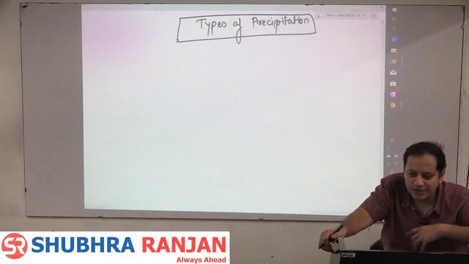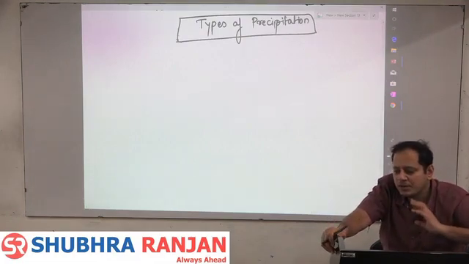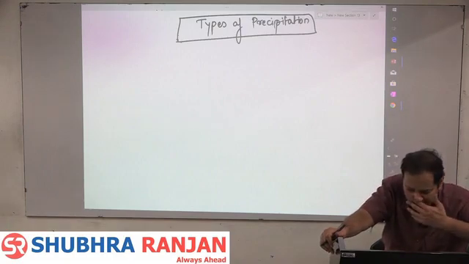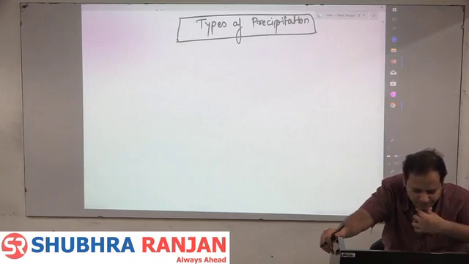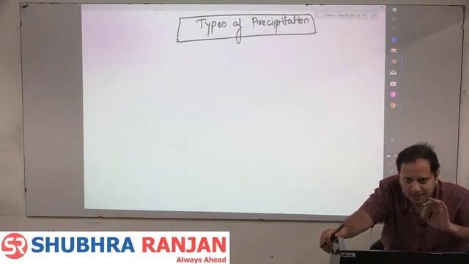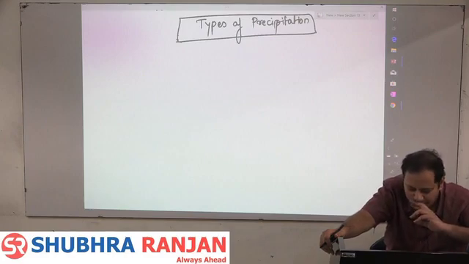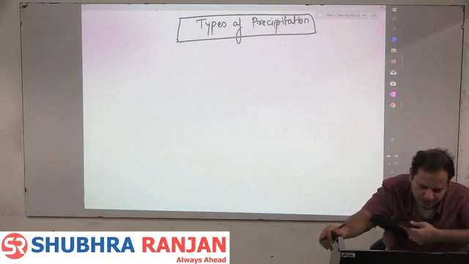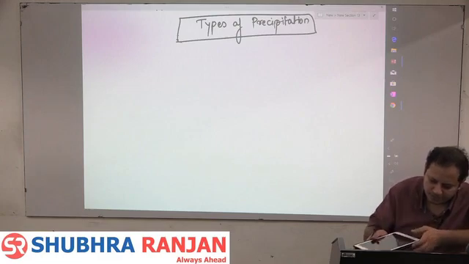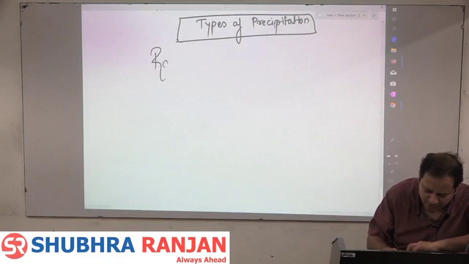One negative you take down, though there is no negative in the books. The collision coalescence process fails to explain why sometimes, in spite of presence of humidity and hygroscopic nuclei, precipitation or rainfall does not occur.